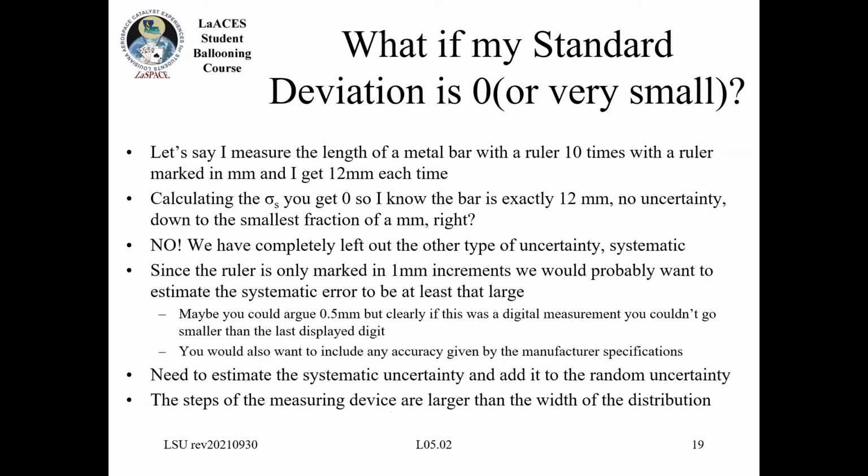But that's not really accurate. This goes back to what we talked about: there are actually 2 kinds of error, random error and systematic error. Another way to think about this is, if I measure the length of a metal bar with a ruler that's marked out in single millimeters, and I see that it reads exactly 12 millimeters each time, and I calculate the standard deviation, I would get 0 because it read exactly 12 every time.